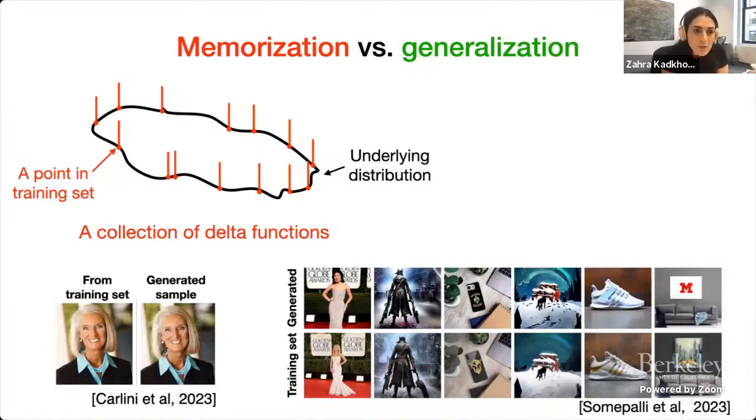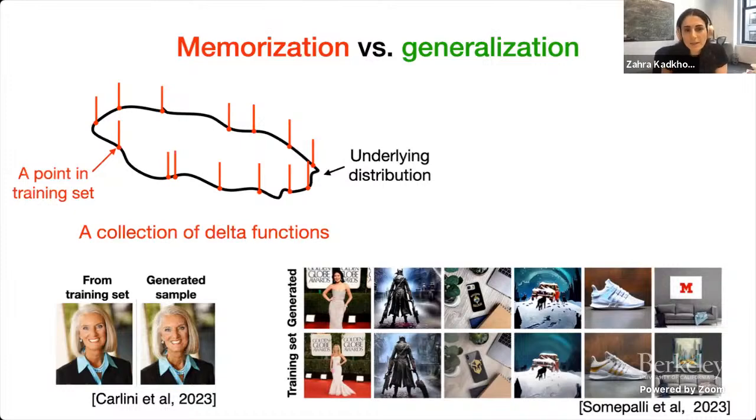They give us samples of images. One possibility is that diffusion models are simply memorizing the training data set. In that case, the learned density is just a collection of delta functions. And in fact, several recent works have shown that this is what is happening in some of the state-of-the-art diffusion models. So on the left, I'm showing one example from the literature where the generated sample is almost an exact replication of an image from the training set.